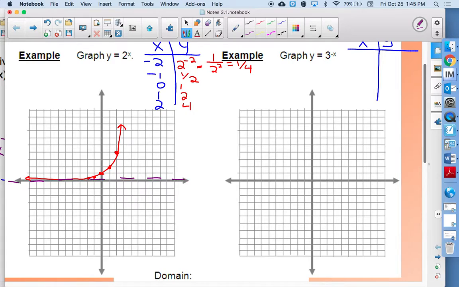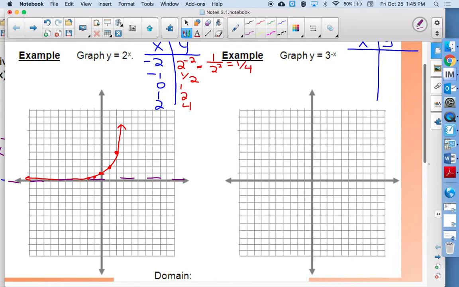The graph just skims along the x-axis because that's where you have a horizontal asymptote. It can never be 0. There's no way that I can take a base of 2 to some exponent and make it 0, because 2 to the 0 is 1. 2 to any negative number is just going to be a very small fraction or a very small decimal. So it just skims along the asymptote, and goes to infinity in the other direction.